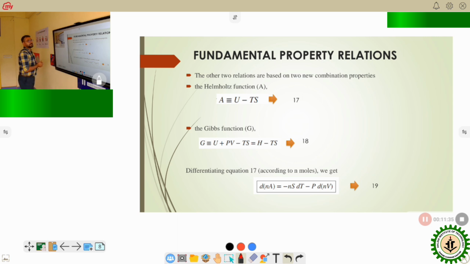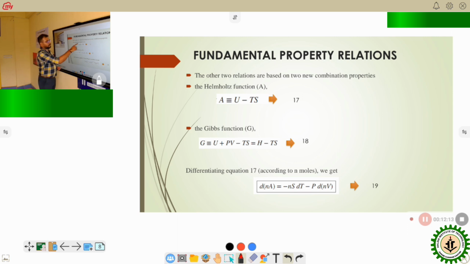Okay, the Helmholtz function, or Helmholtz free energy, basically gives the information about the amount of useful work present in a closed system at constant temperature, and from the Gibbs function, or Gibbs free energy, we can get the information about the maximum amount of work that can be extracted from the system at constant temperature and pressure.